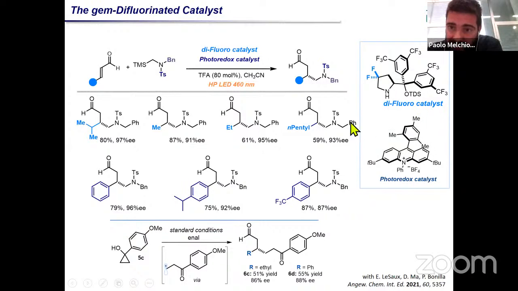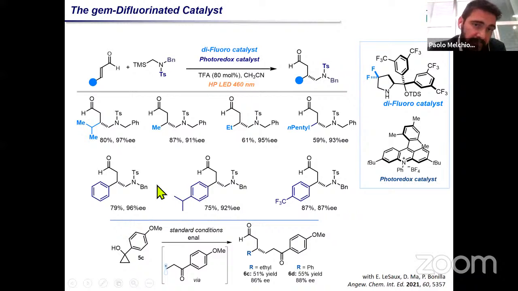This organic photoredox catalyst, the acridinium salt, can be selectively excited at 460 nanometers, and it is needed for the oxidation of the radical precursor and generation of the radical. This difluorinated catalyst is responsible for activating the alpha-beta unsaturated aldehyde and trapping in the ground state the photochemically generated radical. And you see that also aliphatic unsaturated systems can be functionalized with very high enantioselectivity.